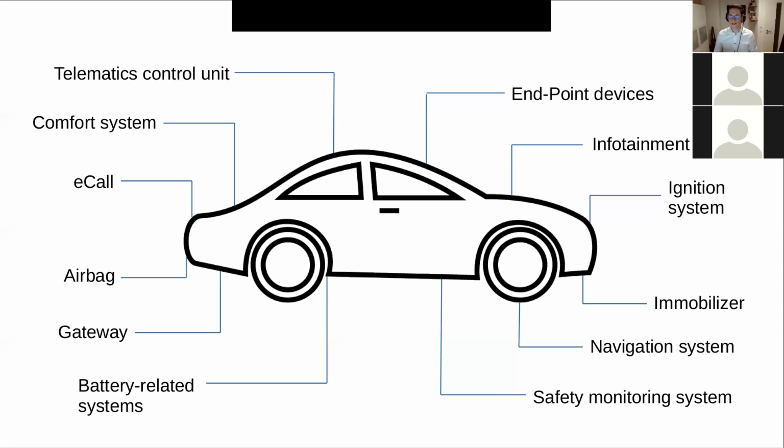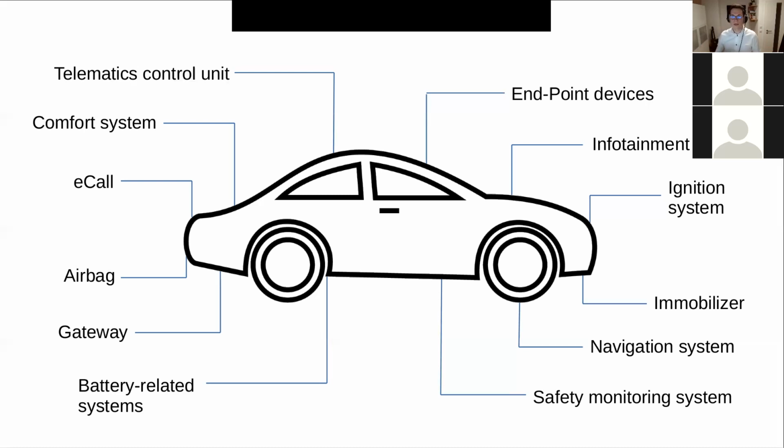Next up, battery-related systems. This is really interesting if we deal with electrical vehicles, because there are a lot of battery-related systems. Its aim is basically to monitor the battery, monitor the power usage to get the most out of the battery.